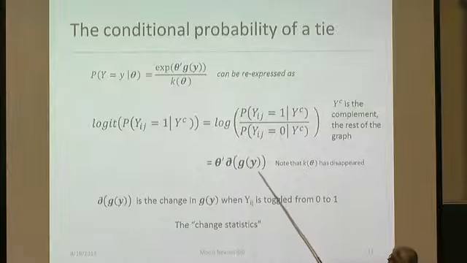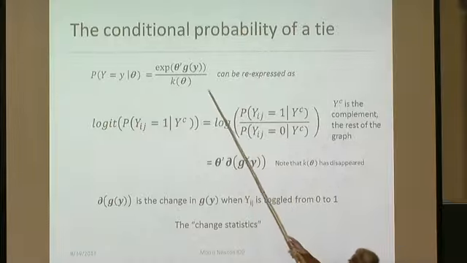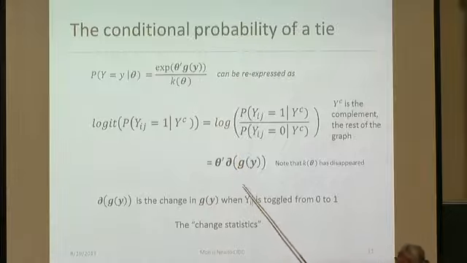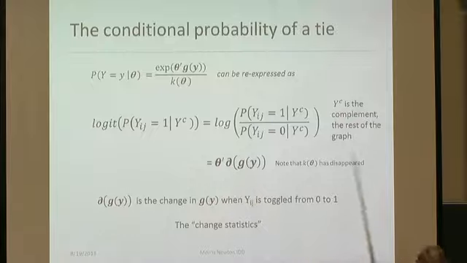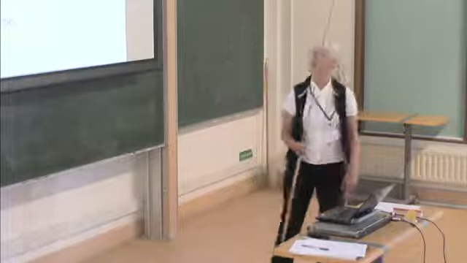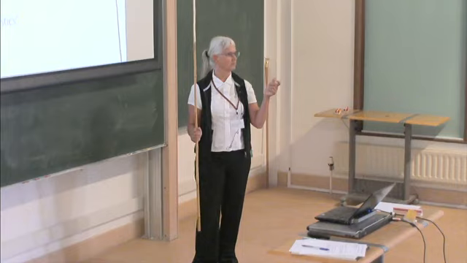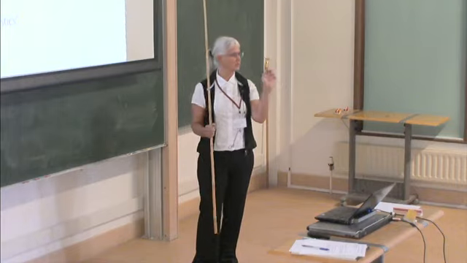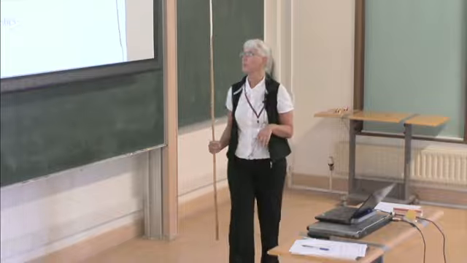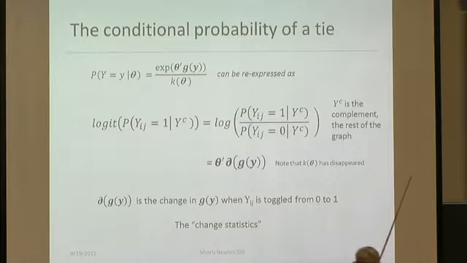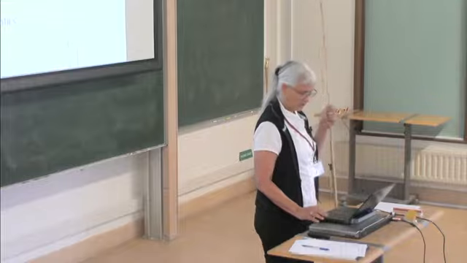And again, with a little more algebra, you'll find that what this resolves to is the same theta that we have from the model here, so our parameters are intact, times this delta g of Y. So what's the delta g of Y? That is the change in the network statistic when you toggle this one tie on or off. So how many new network statistic configurations of this form do you get when you make that toggle? We call these the change statistics. And note that one of the nice things about this form is that the normalizing constant has disappeared, and that gave everybody a false sense of security for some time.